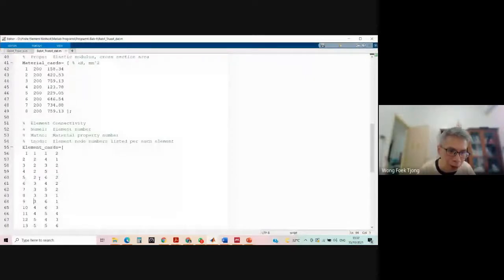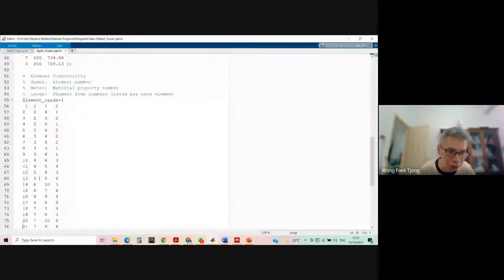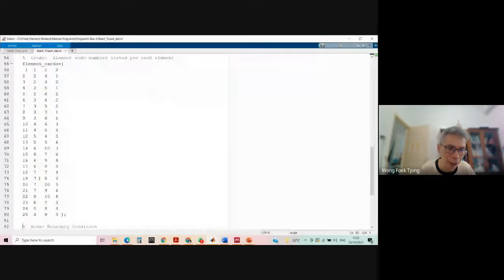Then 6 to 9, group 3. This one group 4, group 5. So there are 25 members, but they are grouped into 8 different cross-sectional areas. Any questions up to this point? How to give the input data?